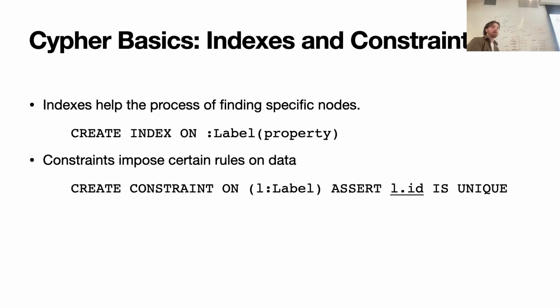All right, there's a couple other basics that you might use. If you're querying a particular type of node a lot, we can create an index on that label. That means it's going to speed up our lookup time of nodes in the database.